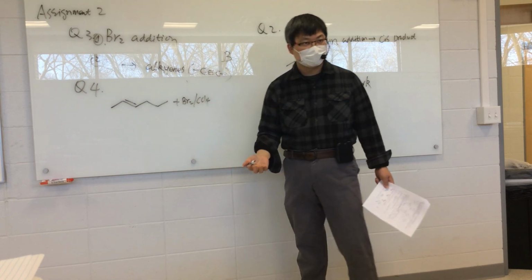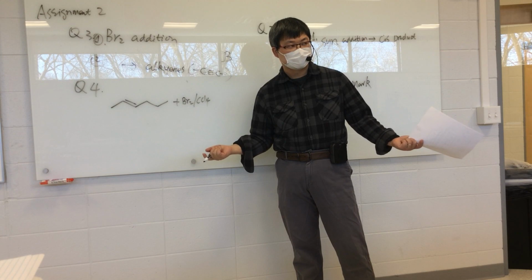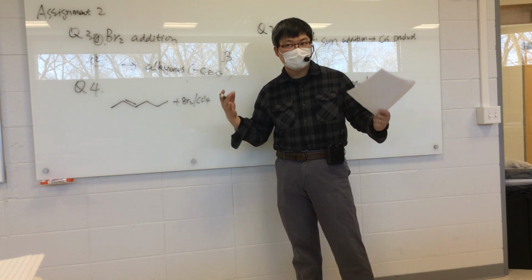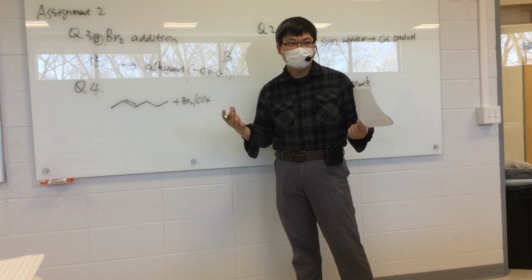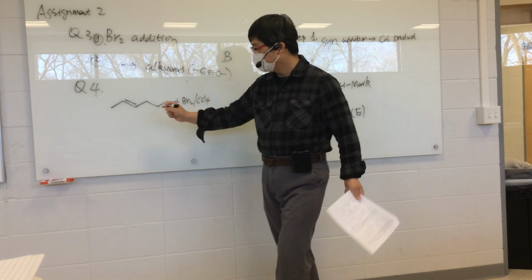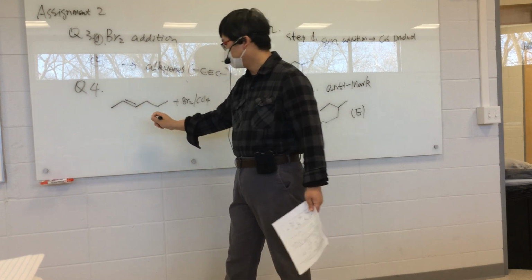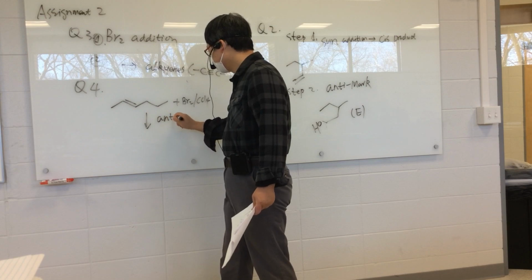It is an addition reaction, it is trans addition. Why is it trans addition? Because bromine is big, so these two bromines need to stay away from each other. So it's an anti-addition.